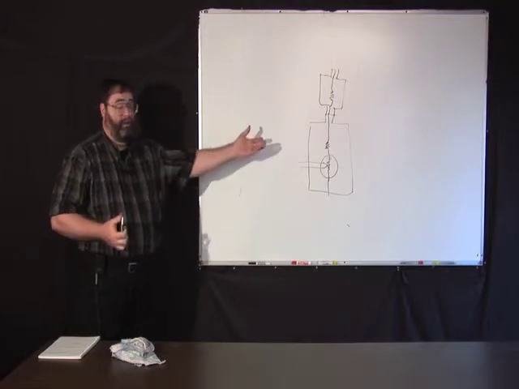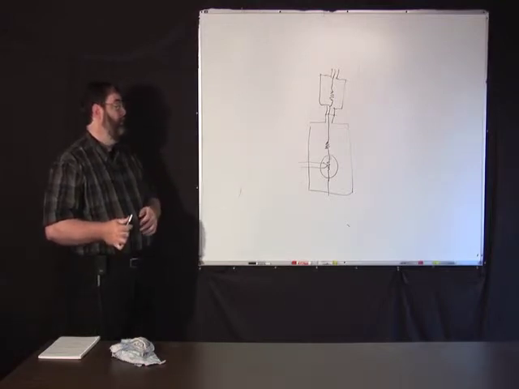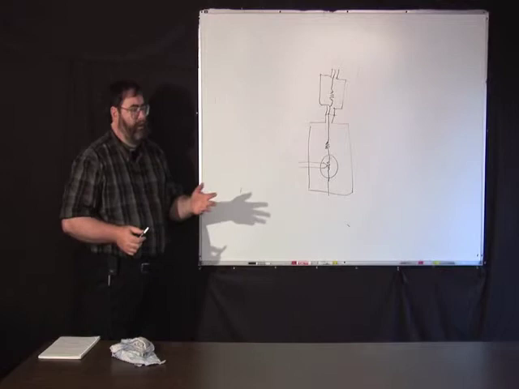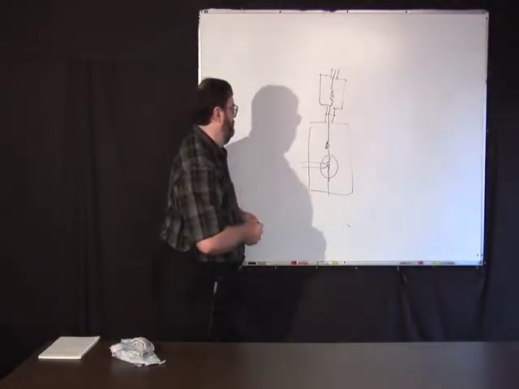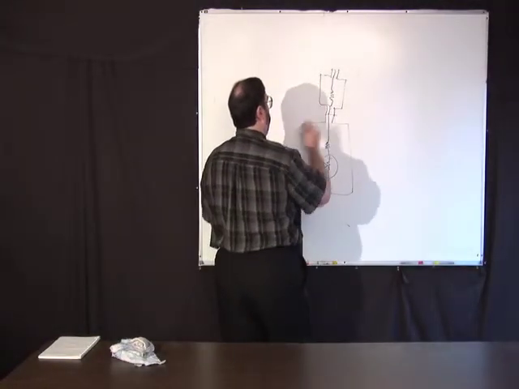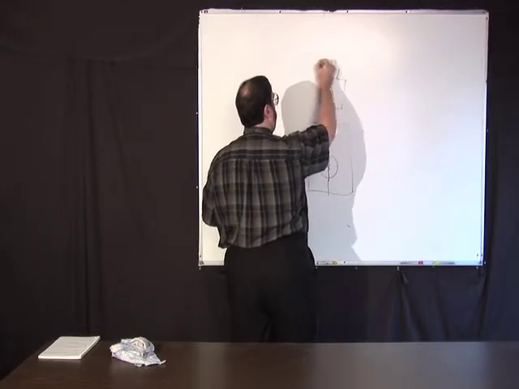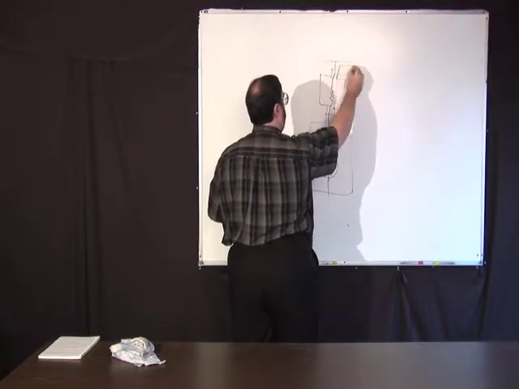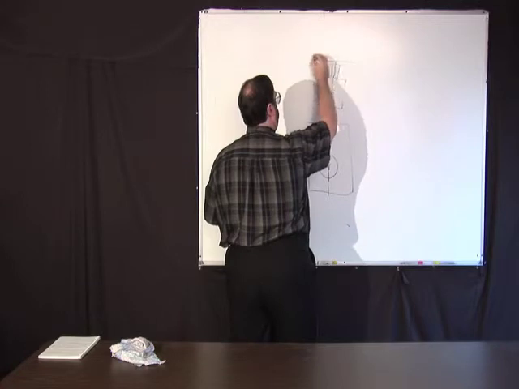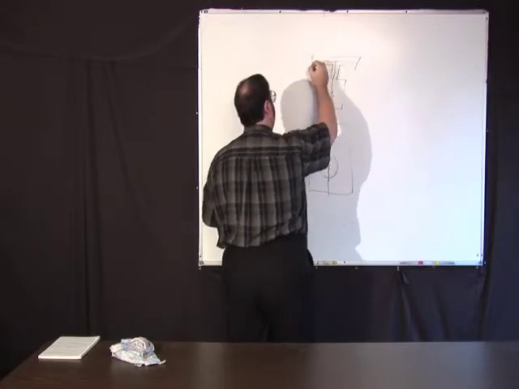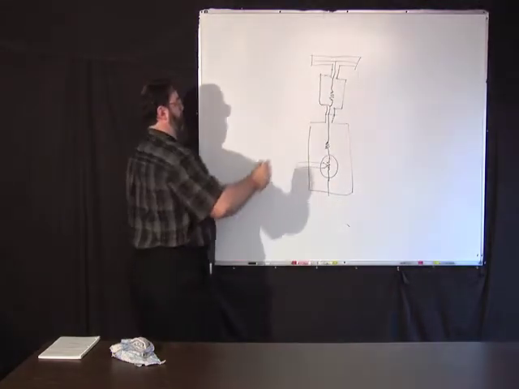Now, this is normally done for AC voltages. For RF voltages, at this point you generally have to put in a T of some sort.